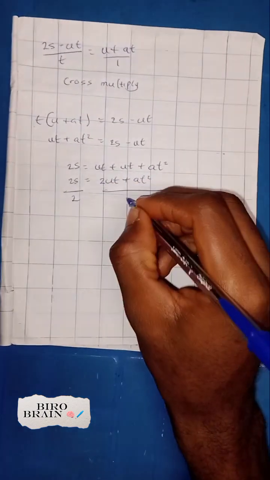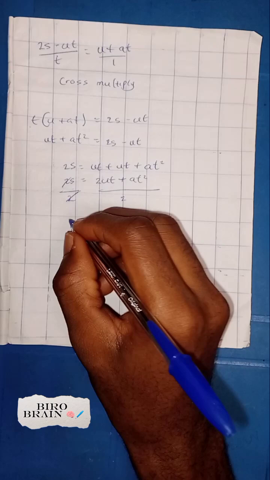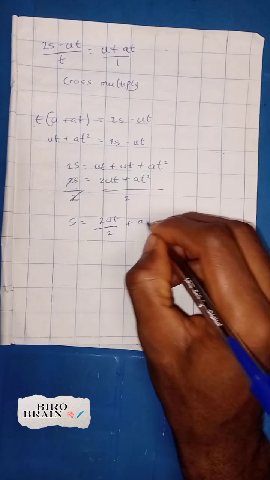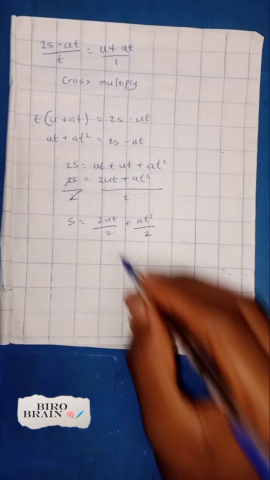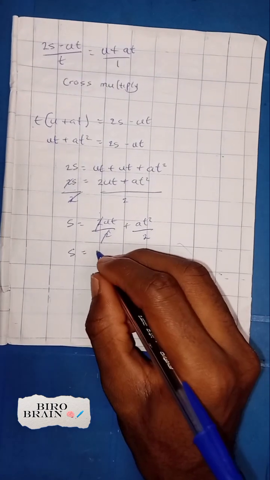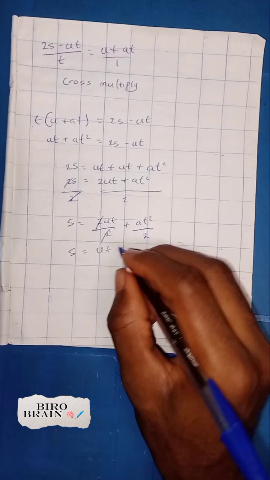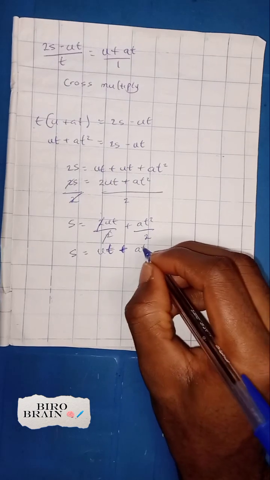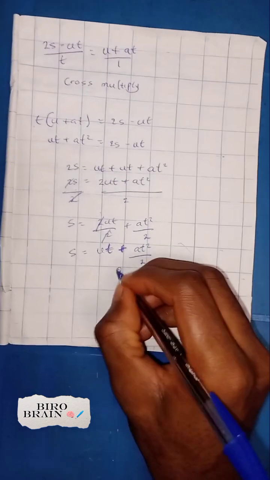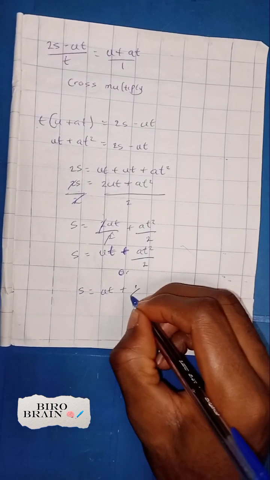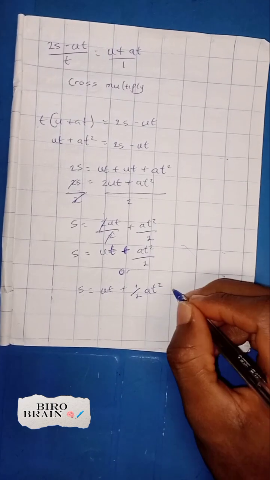Dividing both sides by 2, we have s equals 2ut over 2 plus at squared over 2. The 2 cancels 2, and I'm left with s equals ut plus at squared over 2, or s equals ut plus half at squared, and this is your equation 4.